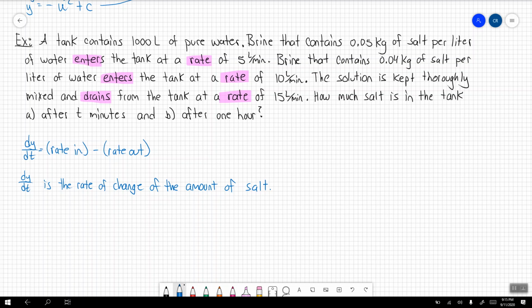Now, let's start looking at the different rates that we have here that we're going to be observing. Okay, so here we go. Now, my rate in, that's going to be what I want to focus on first. So this rate in.